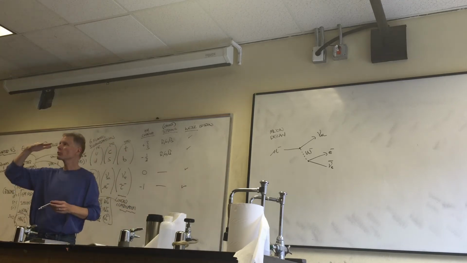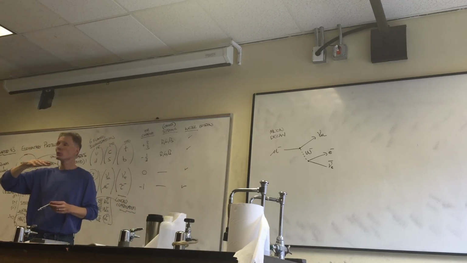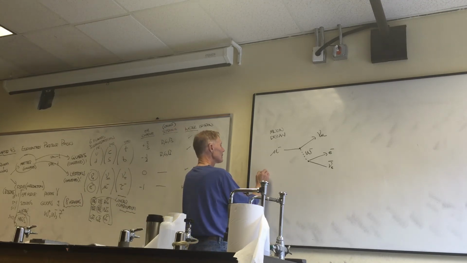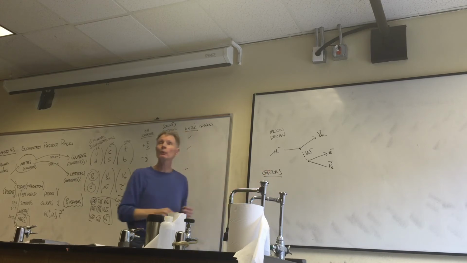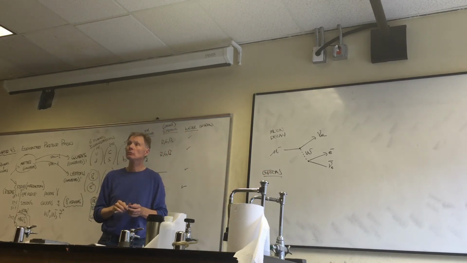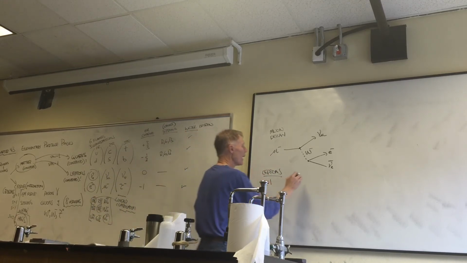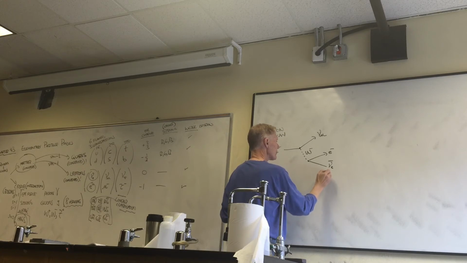So again, what we're doing is following conservation laws. Let's just do some counting here. How many leptons went into the reaction? One. So I have one lepton going in. How many leptons are coming out of the reaction?